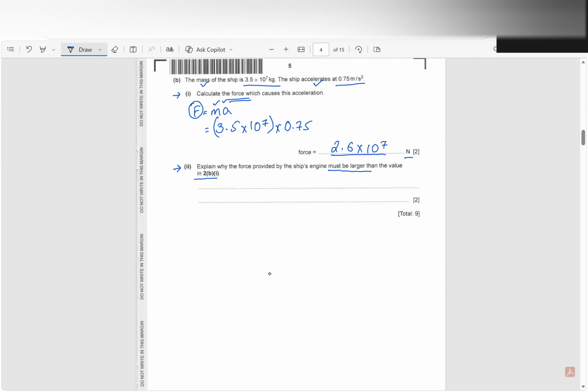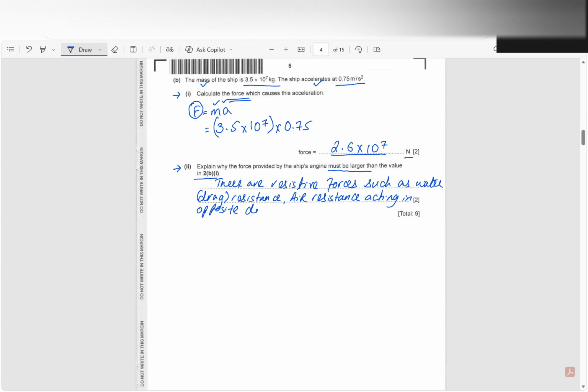So we're going to say what here? We're going to say that there are resistive forces such as water drag force, air resistance acting in opposite direction.